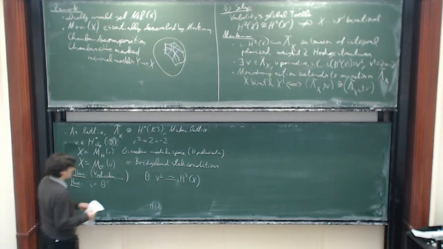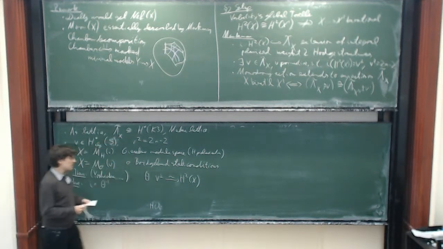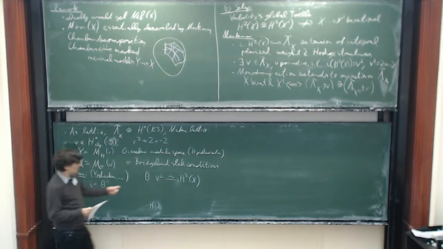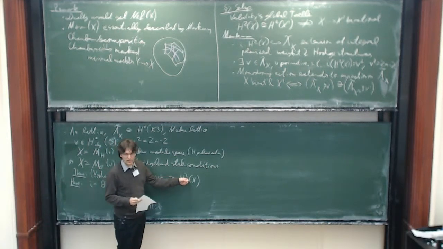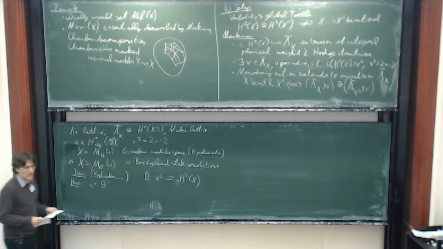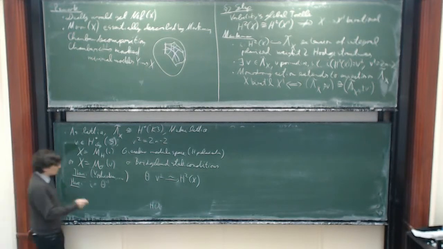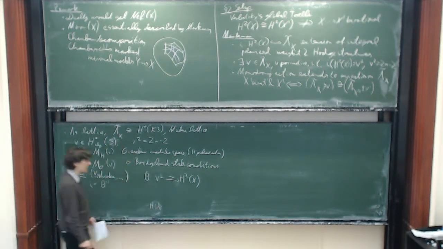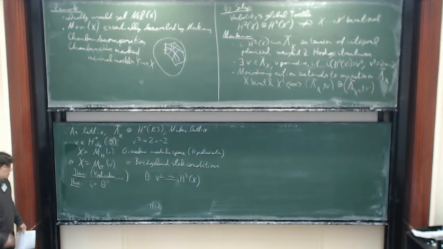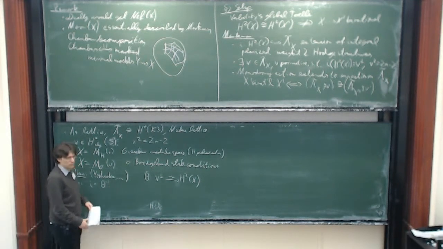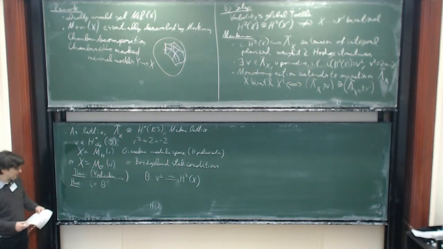How is this morphism given? For algebraic classes, it can be constructed as a determinant line bundle, so it gives an algebraic class. And in general, it's induced by the Chern character, or more precisely, the Mukai vector of the universal family that exists.